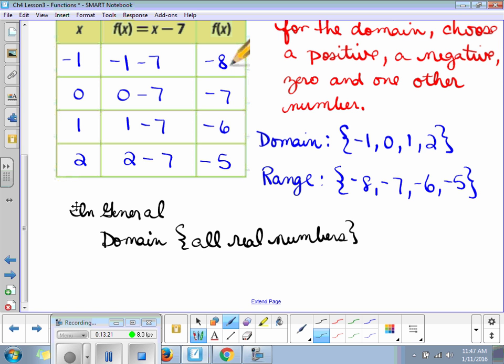If I put any real number into my function, what am I going to get out? So, the range will be all real numbers in general.